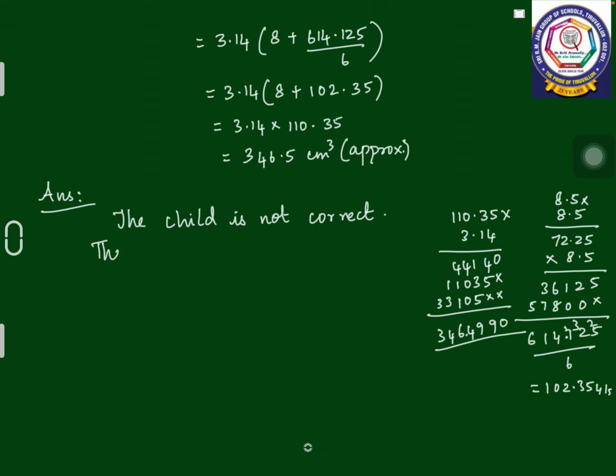The actual volume of the vessel is 346.5 centimeter cube. Okay, so the child is not correct because she said the volume is 345 centimeter cube, but we are getting the value as 346.5 centimeter cube.